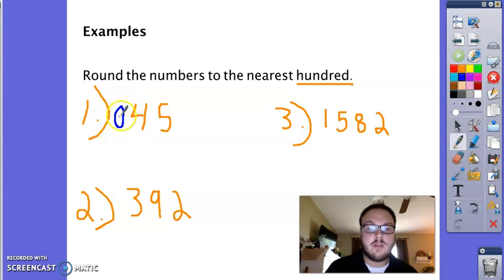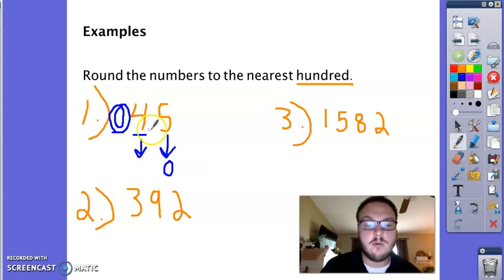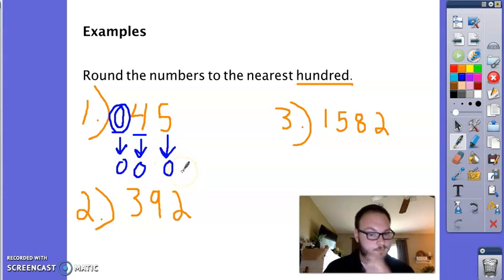So we're just going to say that it's a 0 and circle the 0. We're going to underline the 4. Now this is where it gets a little tricky, because anything before the underlined place value gets a 0. We follow our rule, 5 or more up the score or 4 or less. We see that 4 is in fact 4 or less, so it's a 0, and that means this is resting. So the nearest 100 would be 0.